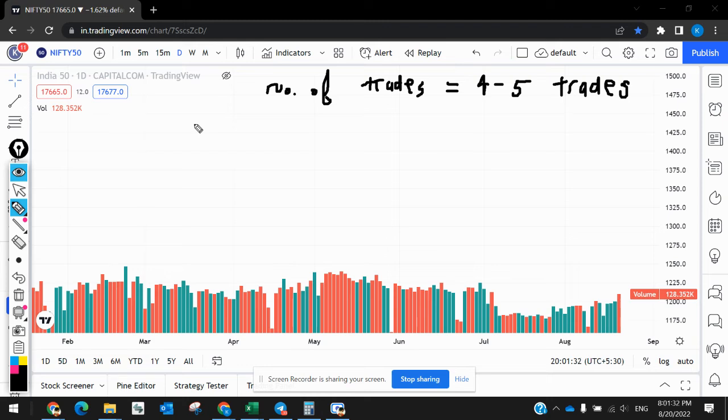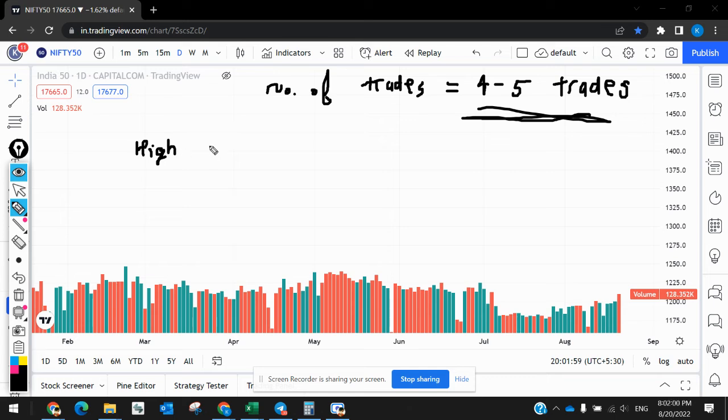What most people do is they take revenge trades to recover that earlier loss, and sometimes they end up with even bigger losses. That's why we should have maximum 4 or 5 trades in a day, and we should not do over trading. Try to reduce the number of trades and take only high probable trades.